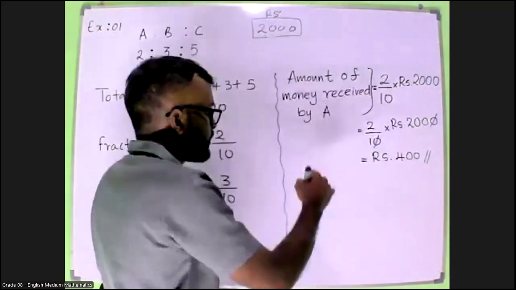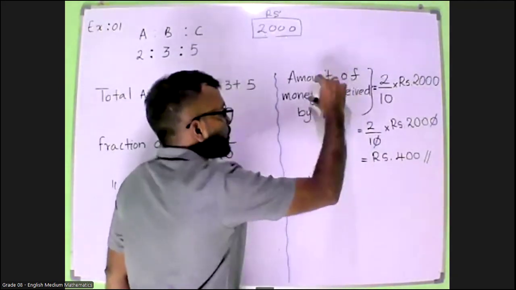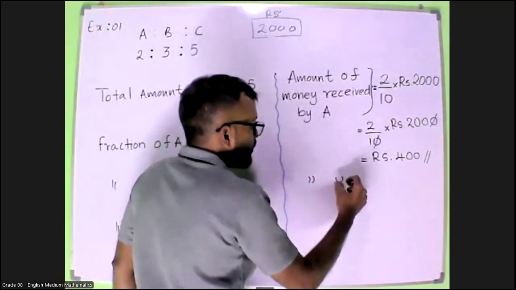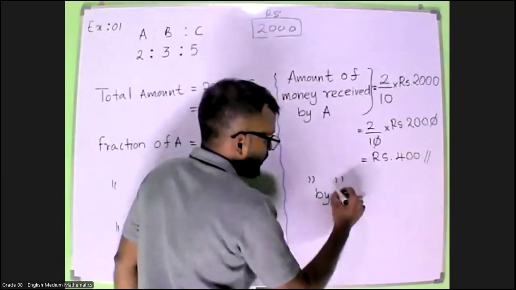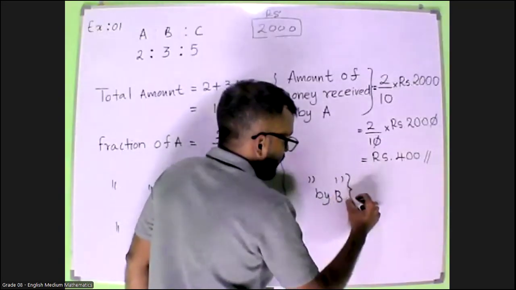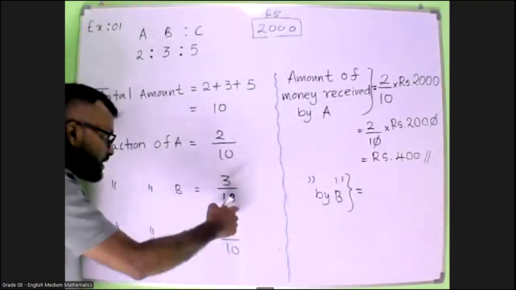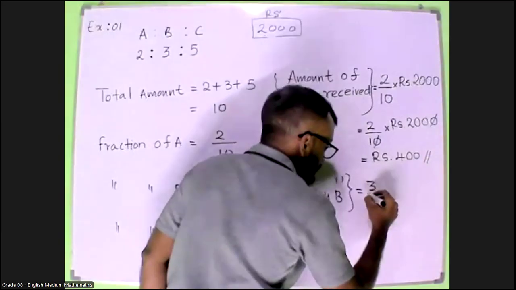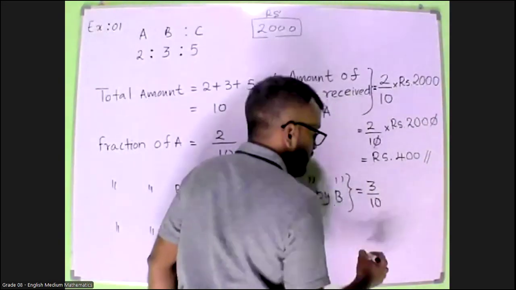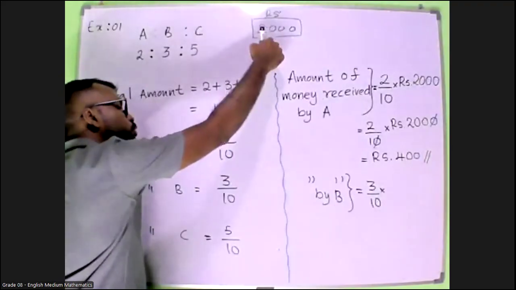Same way, I am going to find the amount of money received by B. Equal to, what is the fraction that B received? 3 upon 10. And what is the total money that we have? 2000 rupees.